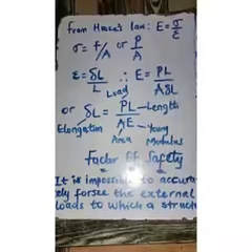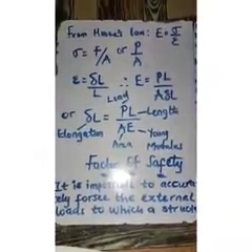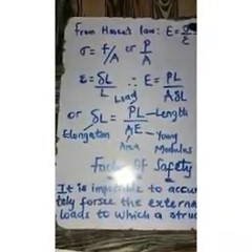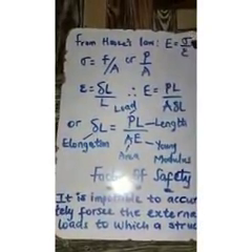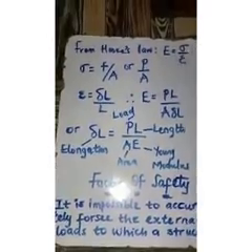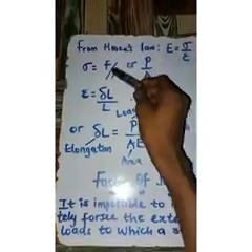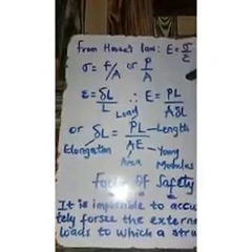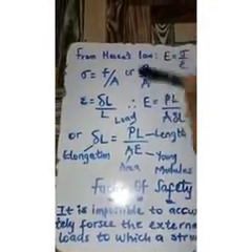So we've learned from Hooke's law that E is equal to stress over strain, and you know from the basics that stress is equal to force over area. But for this elongation, we have that stress is equal to load over area.